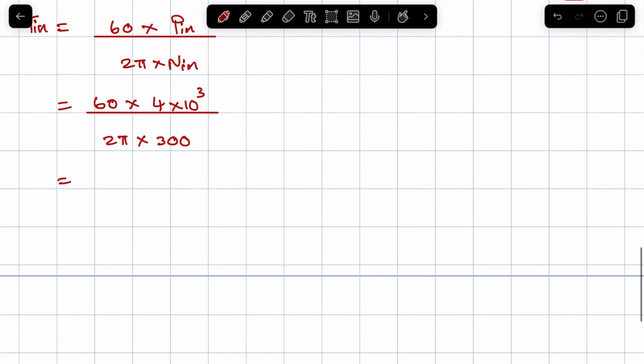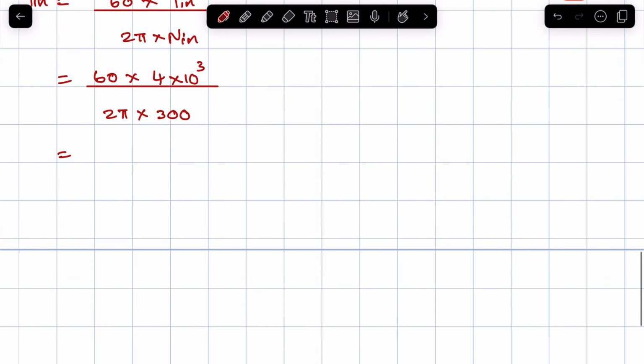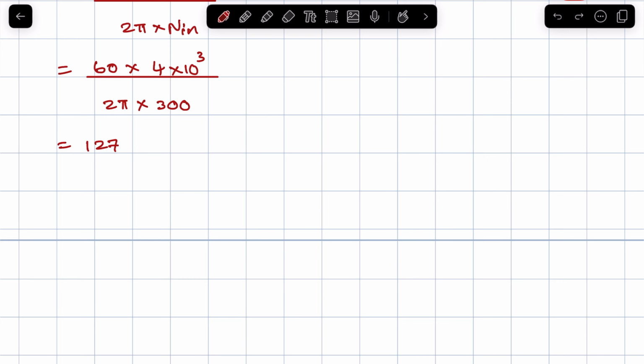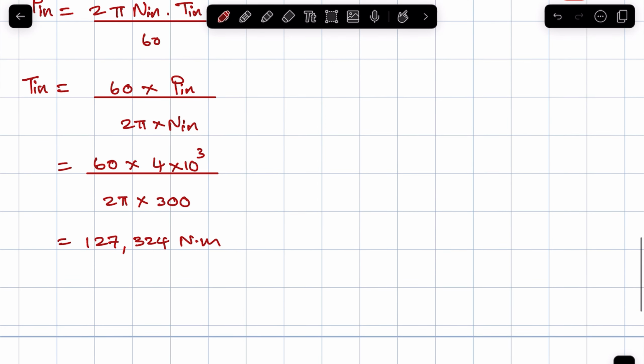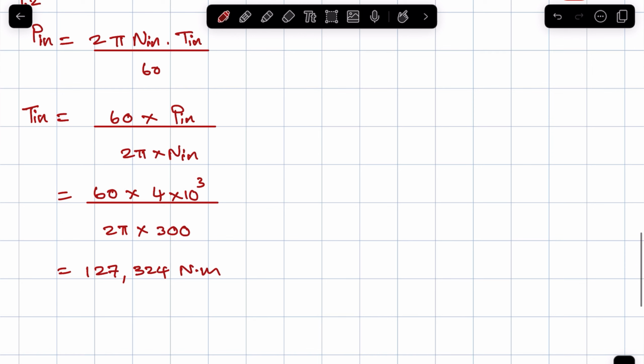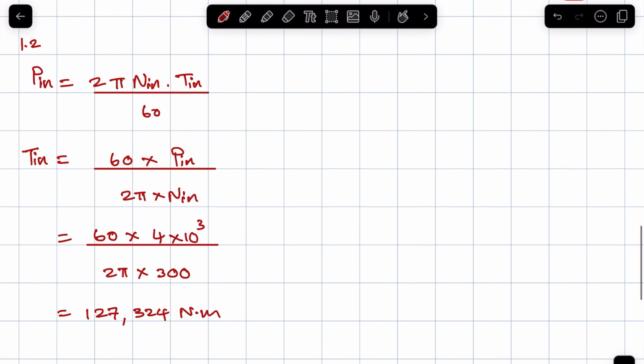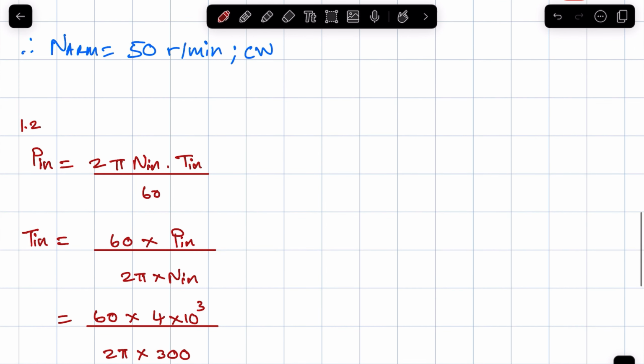If you punch this in your calculators, you are going to get 127.324 Newton meters, right? So we have the torque in. We are now going to calculate the transmitted torque, which is the torque out, right?